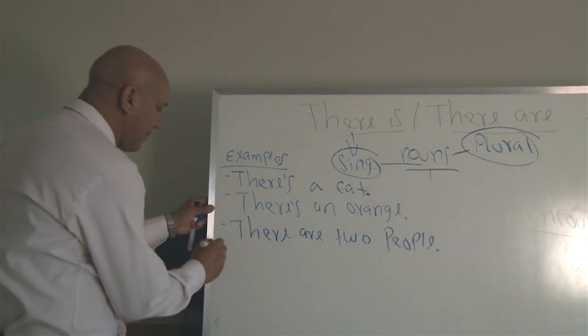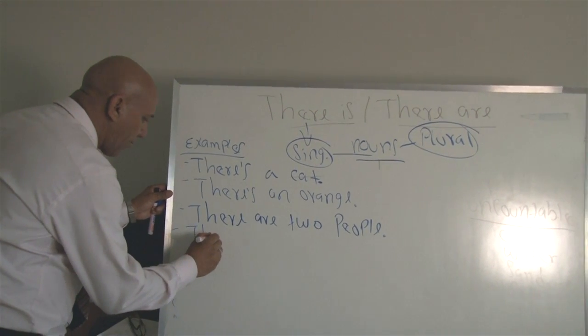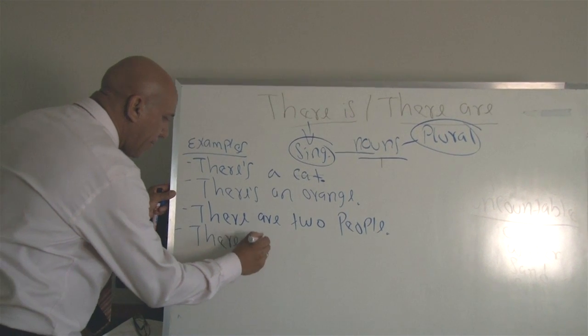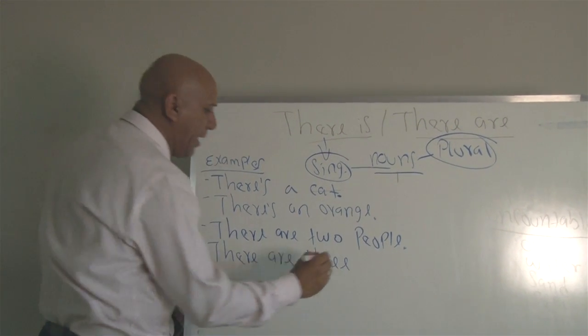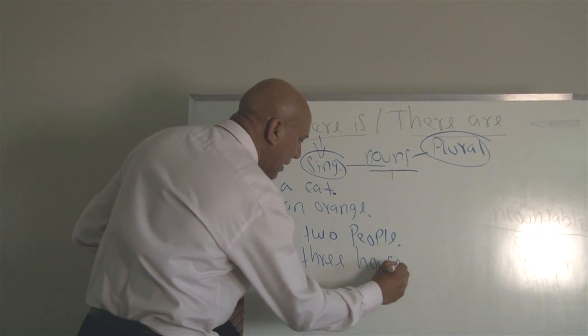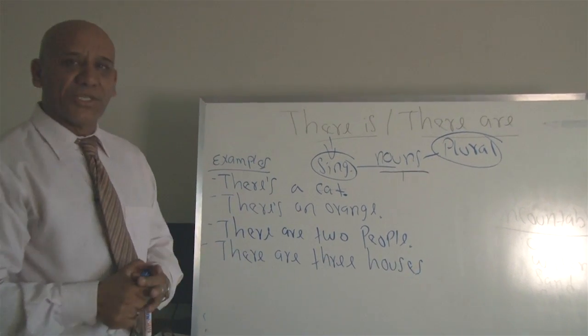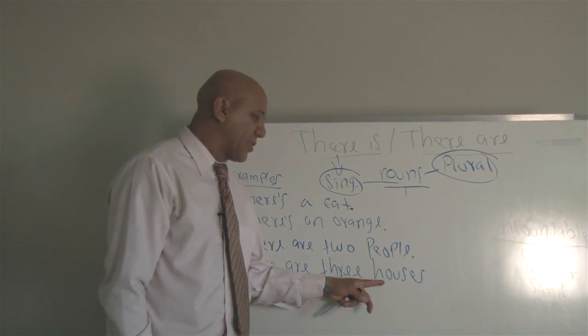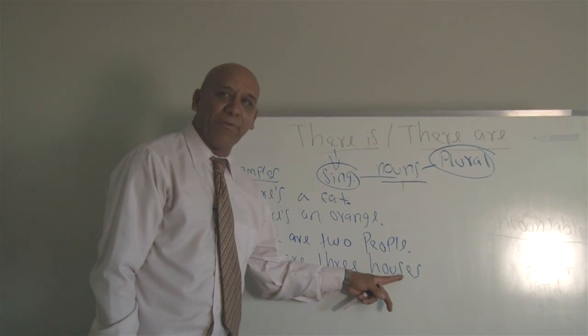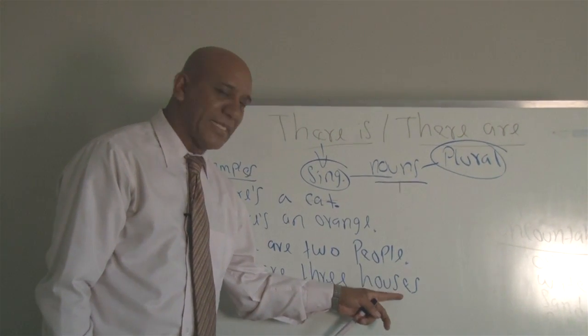Another example: there are three houses. Houses is a regular noun, it ends in s.